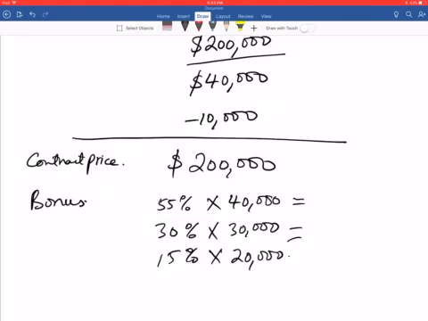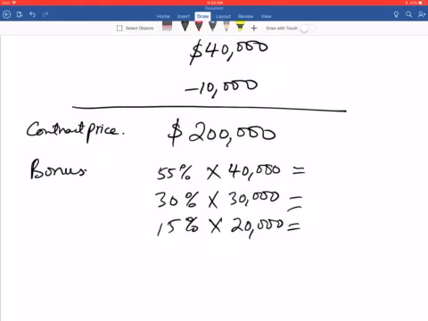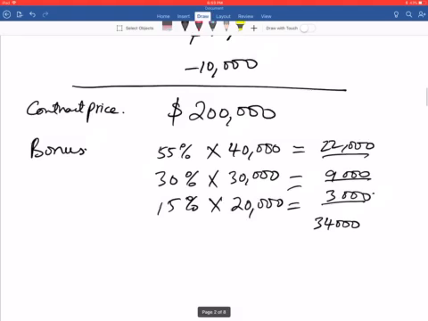If you multiply these three numbers, it should come down to a smaller number, right? And that number, if you do the calculations, which I want you to do, will sum up to $34,000. Okay, so 22,000, 9,000, and 3,000. You have to do the calculation.